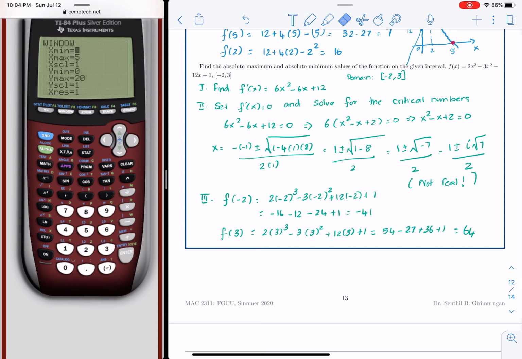Perhaps we should adjust the window here, -2 to 3, and have some really large values. So I'm just going to go from -60 to positive 100. See what happens.